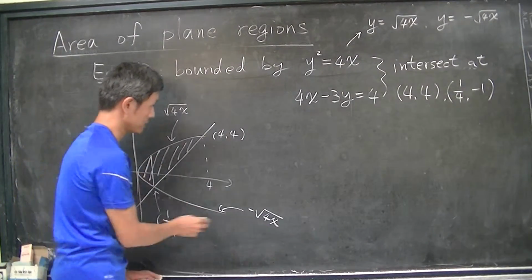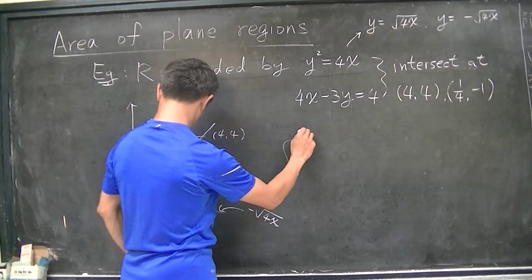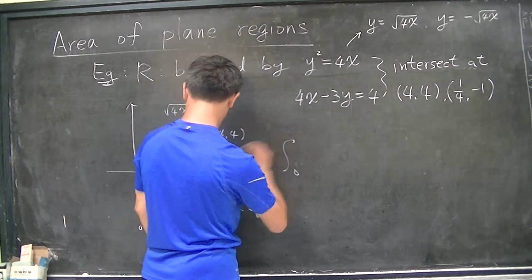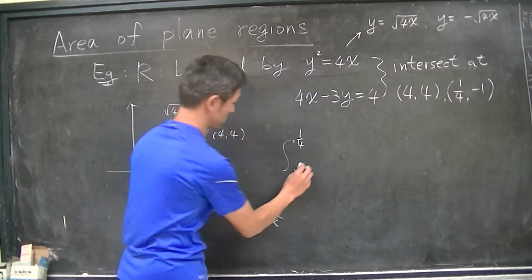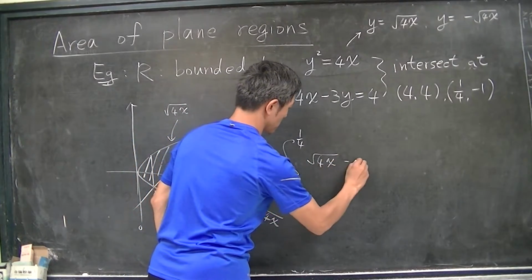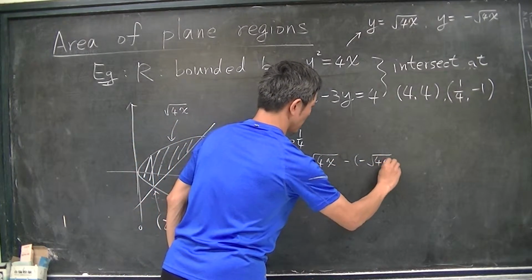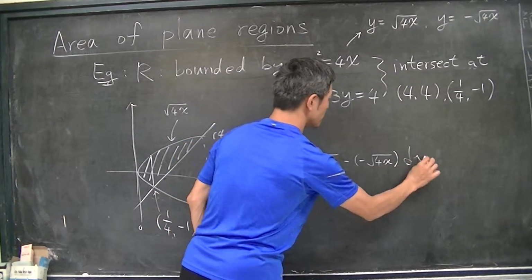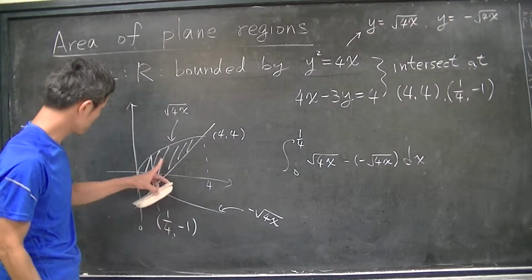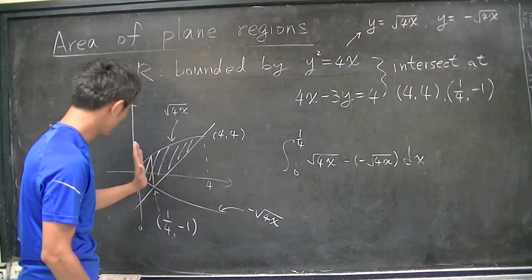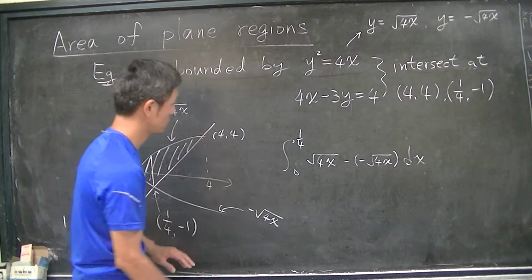The first piece is given by 0 to 1/4, and the difference between these 2 functions. The second piece starts from 1/4 to 4.